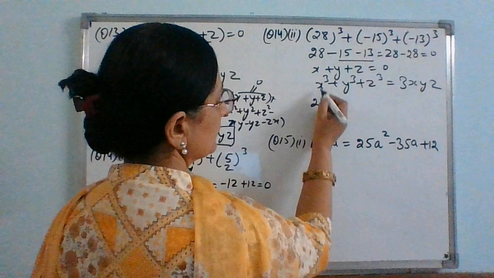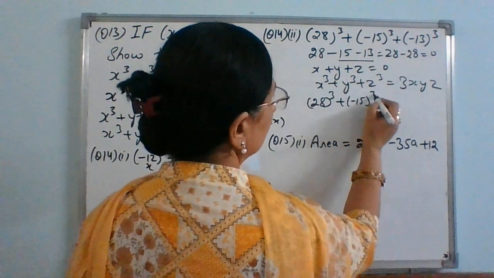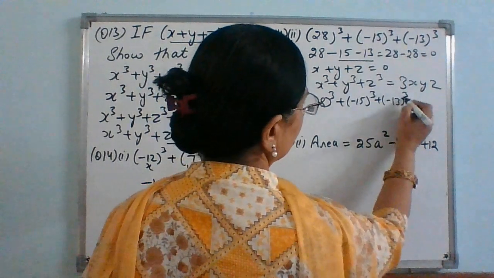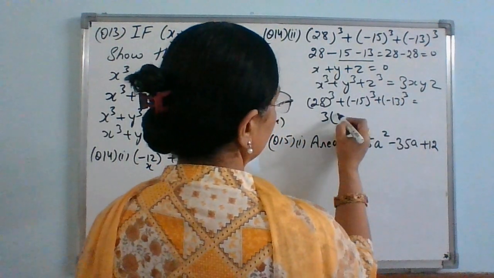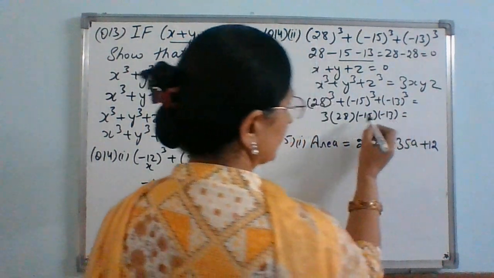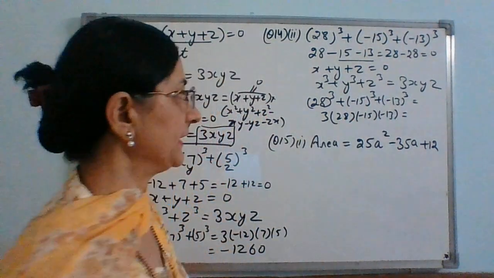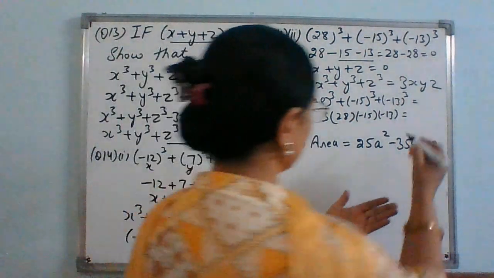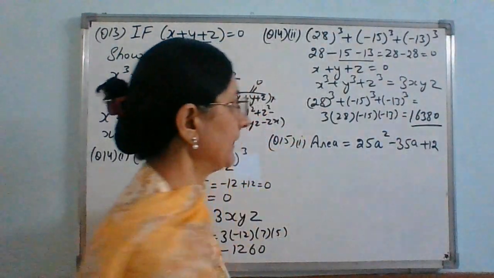Then we substitute the values of x, y, z: 28 cube, minus 15 cube and minus 13 cube, and we find the answer this way: 3 into 28 into minus 15 into minus 13. There are two negative signs, so minus minus is plus, 15 into 13, 28 into 3, and then multiply the answer. You will get the big answer 16380. You can multiply and check the answer.